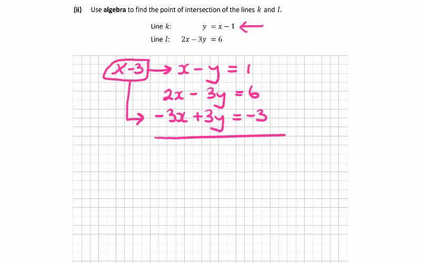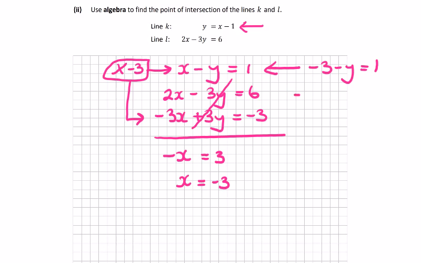Double check your signs, minus plus minus, and then if we add these together, we're going to get -x, the y's cancel, equals 3. 6 minus 3, so x is equal to -3. And if x is equal to -3, in this equation here, I just substituted in -3 for x minus y equals 1. The answer will appear eventually.